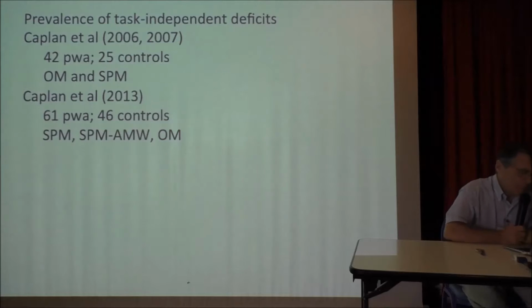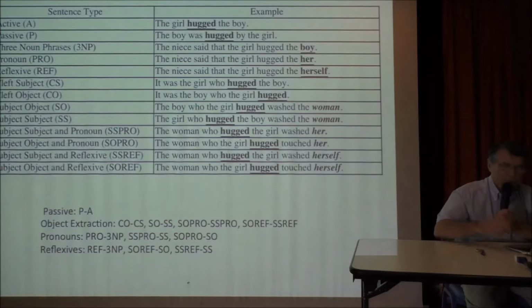And we have now published data on over 100 patients, either testing them on two tasks, object manipulation and self-paced reading, and self-paced sentence picture matching, or sentence picture matching with whole sentence presentation uninterrupted, or sentence picture matching with auditory moving windows, self-paced listening presentation where they ask for each word consecutively, or object manipulation again with whole sentence presentation. And we use the sentence types that I've already showed you, so these 11 sentence types, and we divided them up into these different groups.